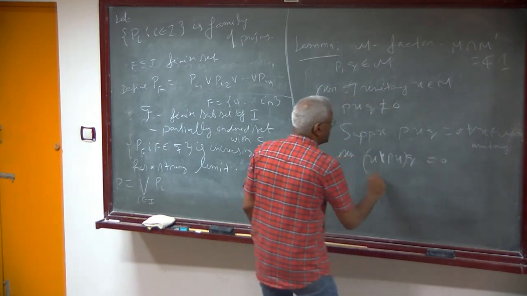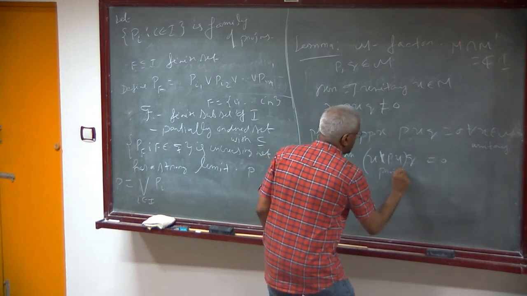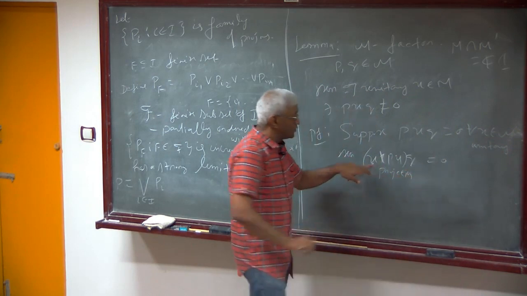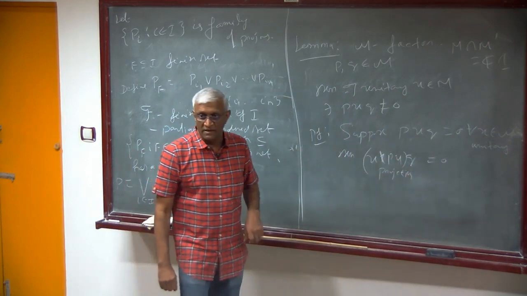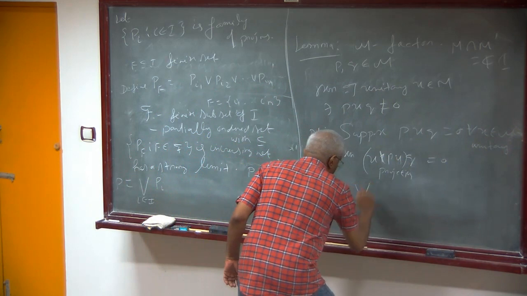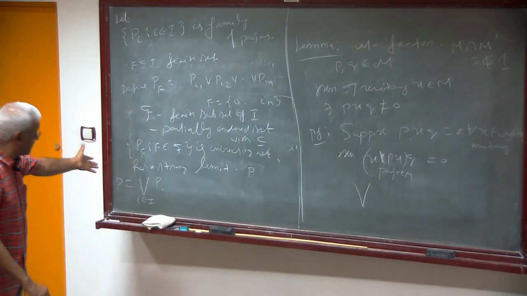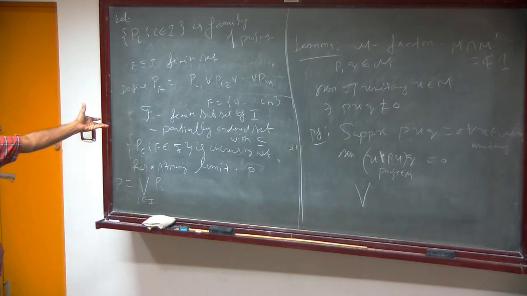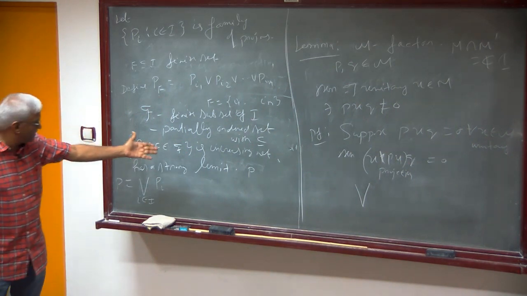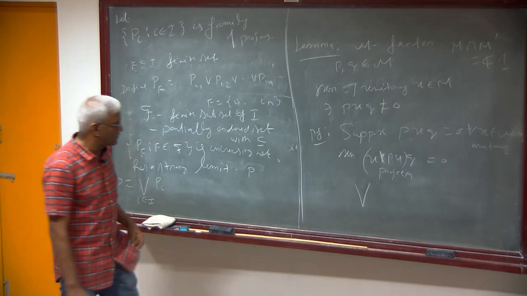Now U*PU is a projection, right? If you have the zero projection, then the net gives rise to 0 only, because for finitely many it is 0, and the limit is also 0.